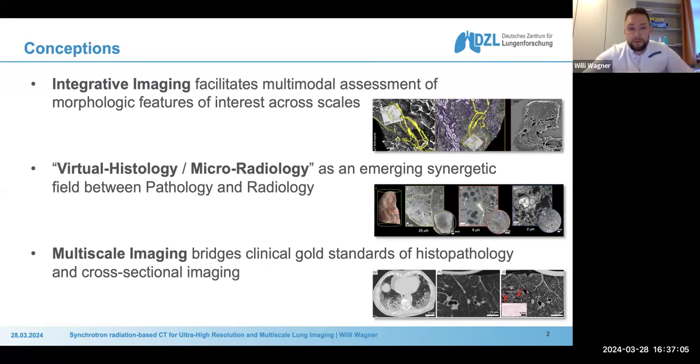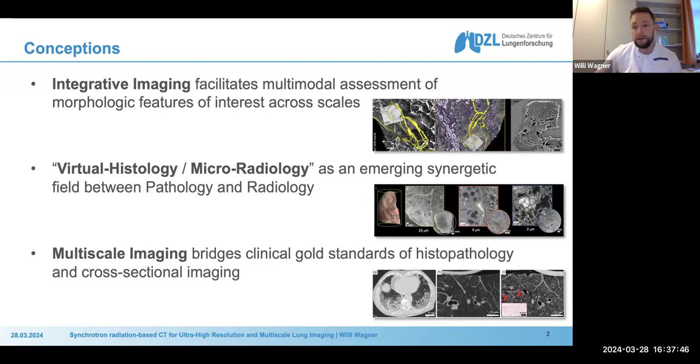So we are trying to integrate that information with a very high spatial coherence into the three-dimensional scans that synchrotron CT allows us to obtain. This second idea is to use very high resolution CT imaging by means of virtual histology to incorporate the three-dimensional information on the histologic scale.